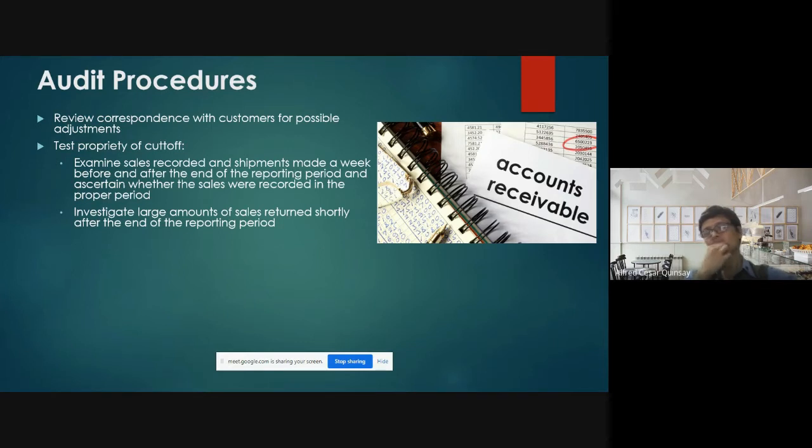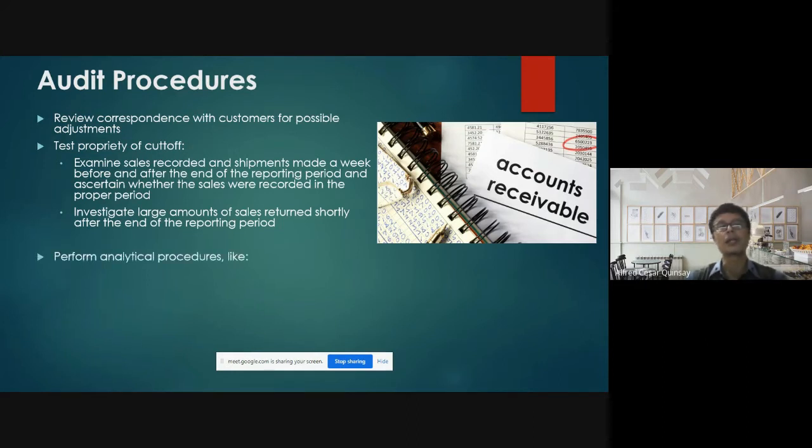Some companies would like their sales to be big or large. But some of those sales have returns. So investigate whether those returns are properly recorded, because they may belong before the cut-off, which is December 31.